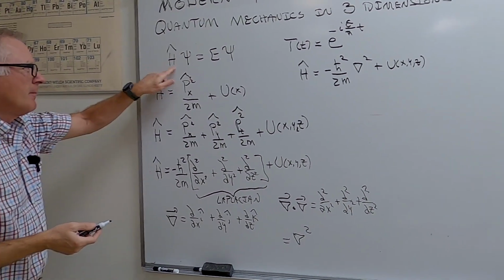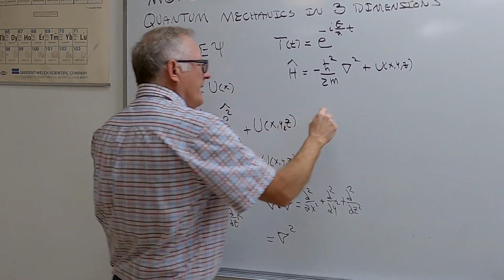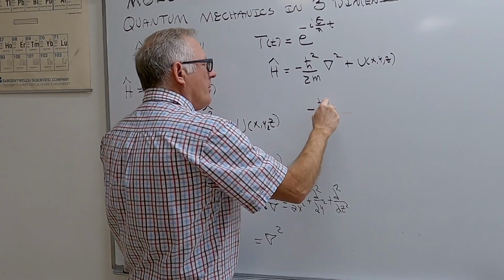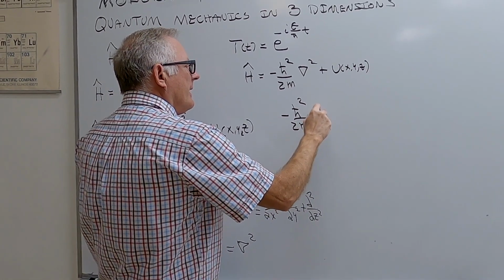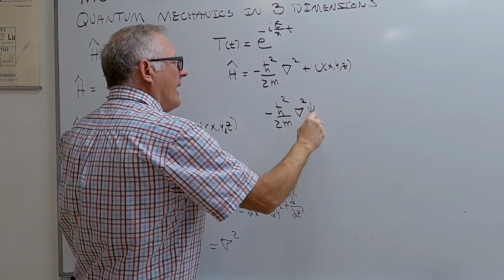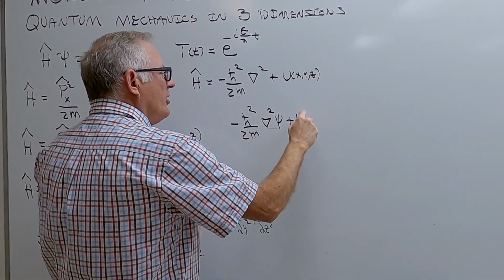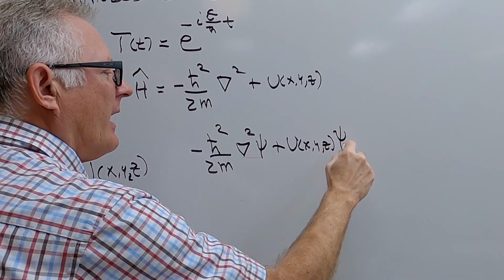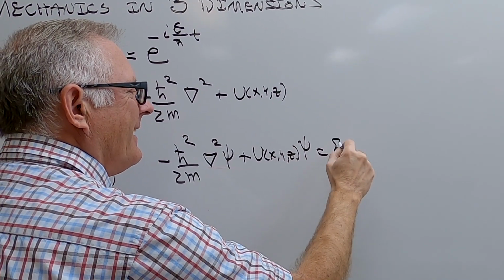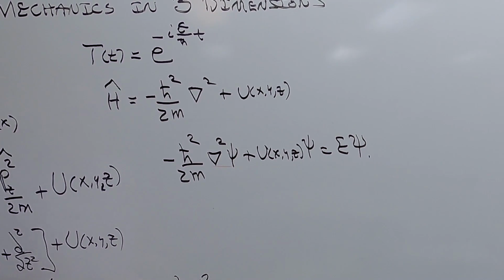Or if we just come up to here and plug in, we get minus h bar squared over 2m del squared psi plus U, which is a function of x, y, z, psi equals E psi.